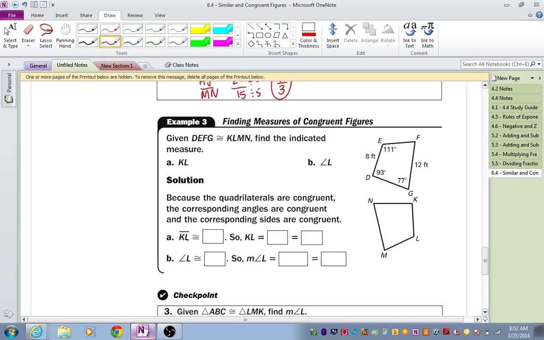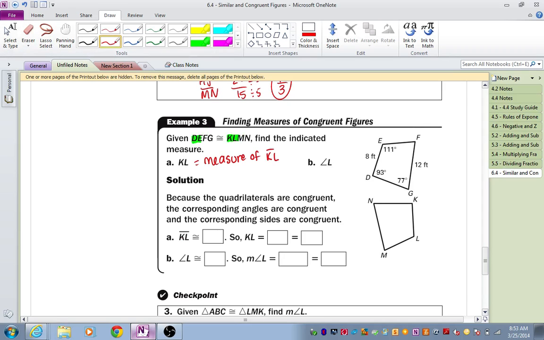So if we're trying to find the measure of KL, when they don't have that segment bar on top, it means the measure of KL. So using our names, KL corresponds to DE.